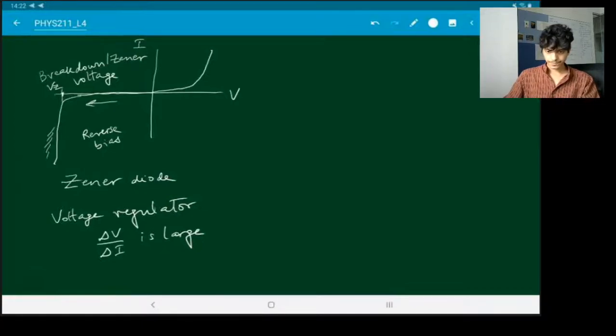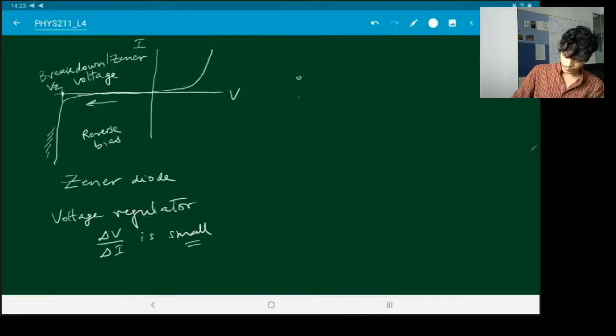Delta V over delta I is small. Essentially what this means is that you can keep changing the current, but the voltage will remain almost fixed. So this can be used as a voltage regulator.